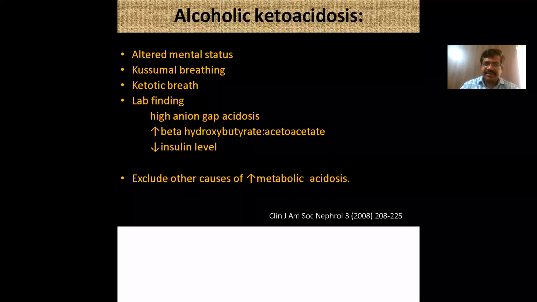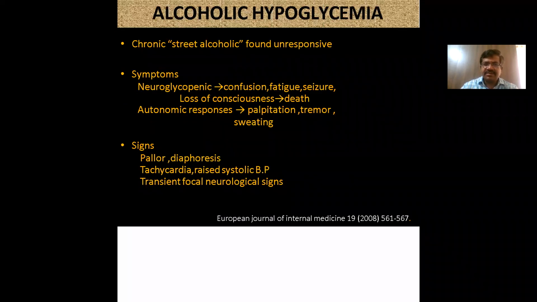So another complication is hypoglycemia, as the glucose level decreases in the blood. So it is usually said that a chronic street alcoholic is found unresponsive. You can see the people, most of them, they drink and sleep on the street.